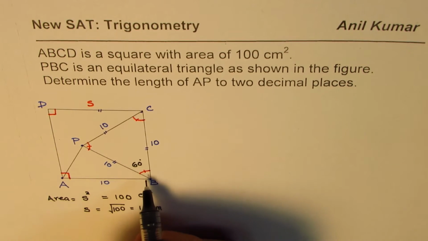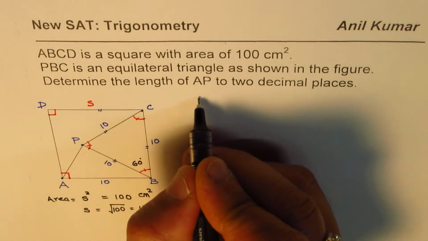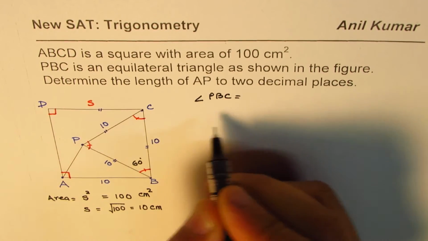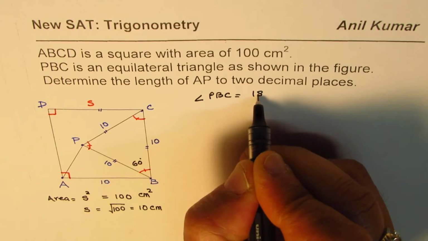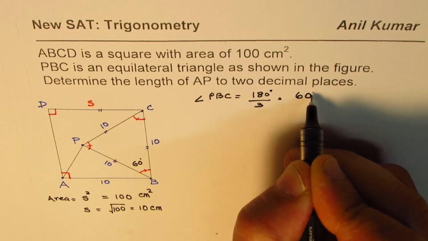Therefore, each angle is 60 degrees. So we can write down that angle PBC is equal to 180 degrees divided by 3, which is 60 degrees, right?